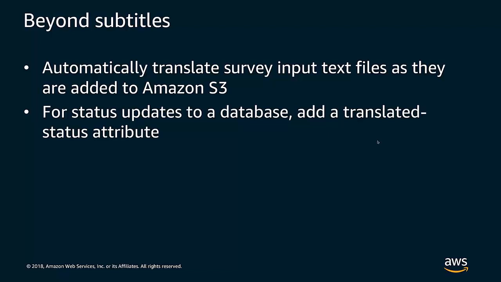In both of these cases, using triggers, whether they be S3 event triggers or DynamoDB or other database triggers, you can quickly turn around and normalize the text to the language that the analysis system is tuned to. So for example, if your analysis system was tuned to Spanish, then you could normalize all text into a separate column or separate attribute for Spanish, and then your NLP solution only winds up using that text.